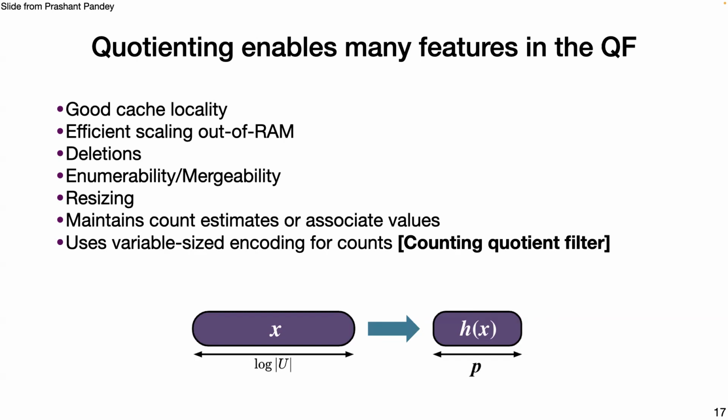You can merge them, because the hashing depends on the size, but if the sizes are the same, you can merge. And you can resize, like you can just put this in the first half. And yeah, you can maintain counts. You can associate values with the fingerprint, and you can use variable size encoding for the counts. And there's a variant of this called the counting quotient filter that allows you to support the counts.